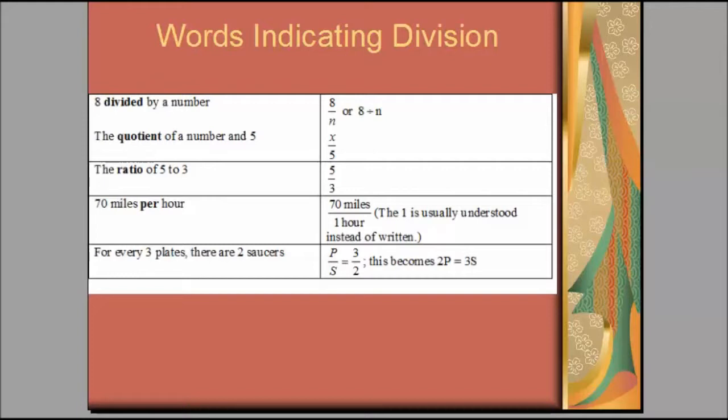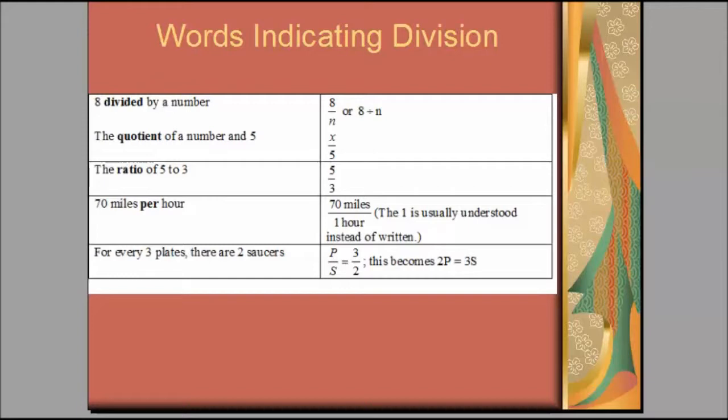And also, let's talk about phrases such as for every 3 plates there are 2 saucers. To write an equation for that, you would start by writing a proportion. A proportion is 2 fractions set equal to each other. And fractions, remember, imply division. And so you might write P over S equals 3 over 2.